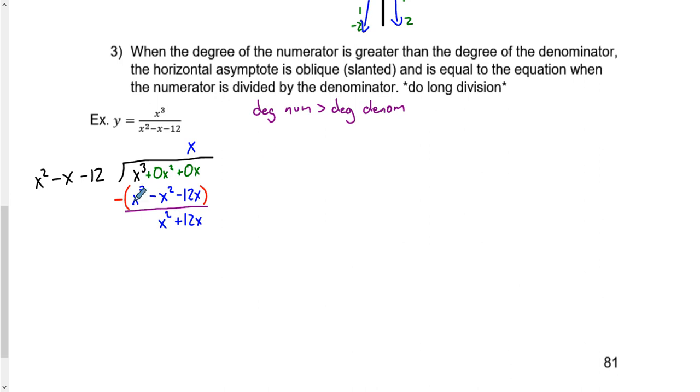Then we go back again. x squared multiplied by what will give us x squared? The answer will be positive 1. So then we go back to positive 1 multiplied by x squared, positive 1 by negative x, positive 1 by negative 12.